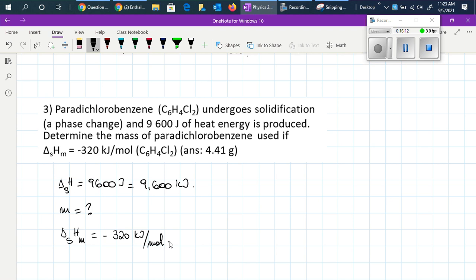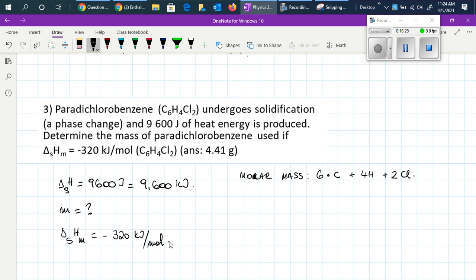The very first thing that we have to do is find the molar mass. From the formula, we see that we have 6 carbons, 4 hydrogen and 2 chlorine.